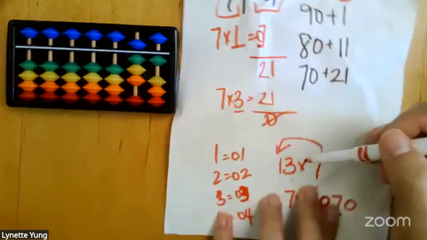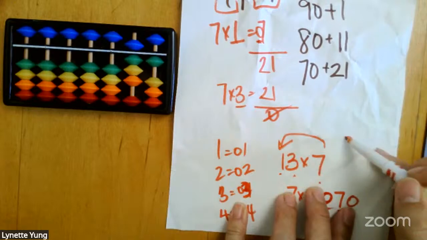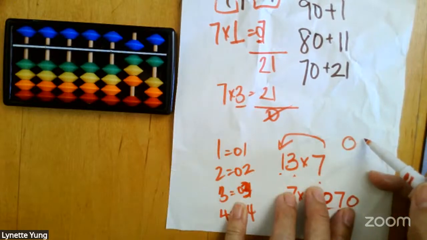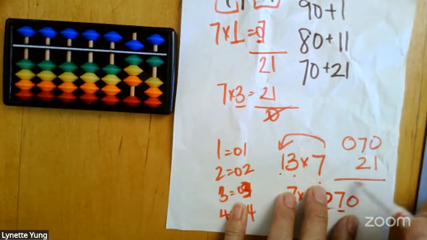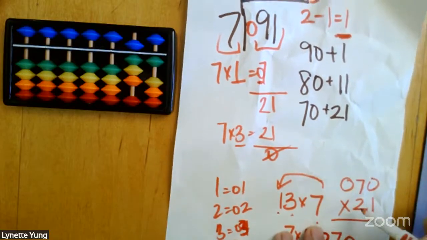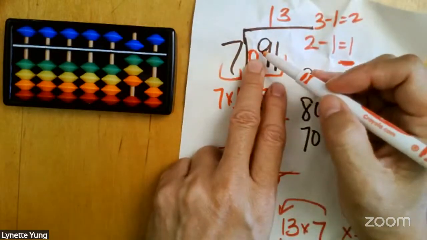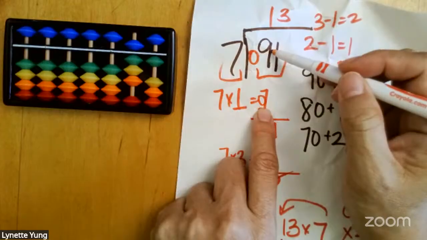Just like here, we counted 1, 2, 3. What does that mean? 0, 7, 0, and then 21, right? This is what we do with multiplication. So we say 0, 9 because I know my 7 can go into 9.